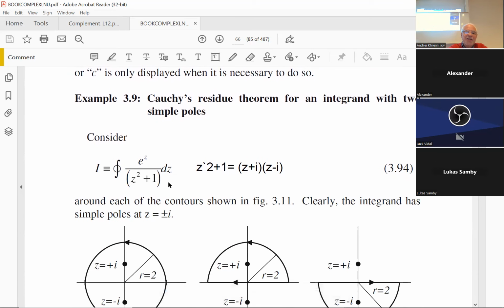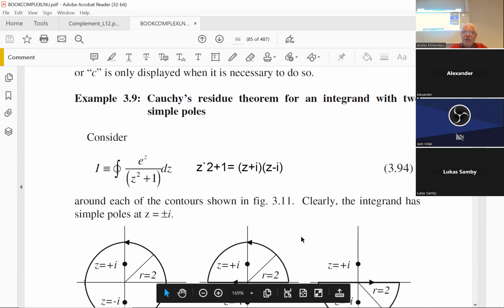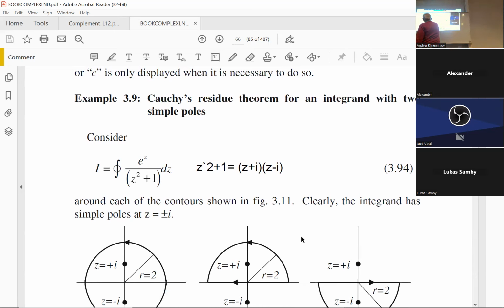They precisely considered this example with two poles, and we need not consider this formula again. This formula is not only for circles; it's for any contour. And let us erase everything that we wrote. And now, for example, this function.